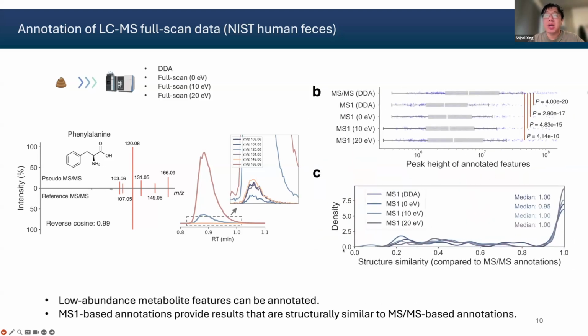You can also see that low abundance metabolite features can be annotated. Here are box plots of the peak heights of annotated features using different annotation strategies, and MS1-based annotation is indeed providing very similar annotations to those obtained from MS2 data.